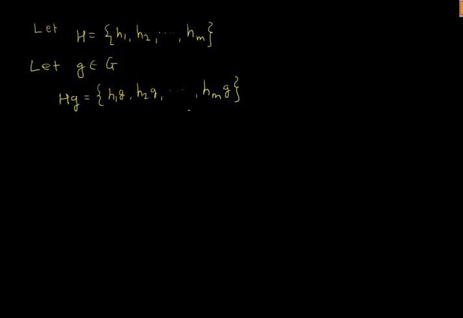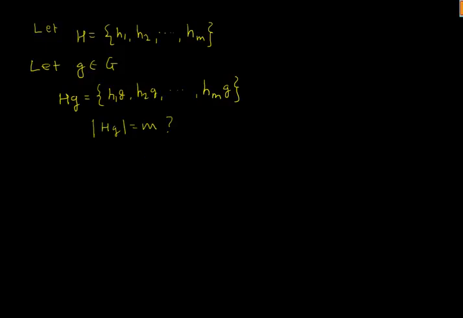Now after construction of this right coset, one question arises in my mind: is the cardinality of this coset Hg equal to m? I'm guessing that, of course, yes, its cardinality is m. That means in my mind, the cardinality of Hg is equal to m. But we have to show it.